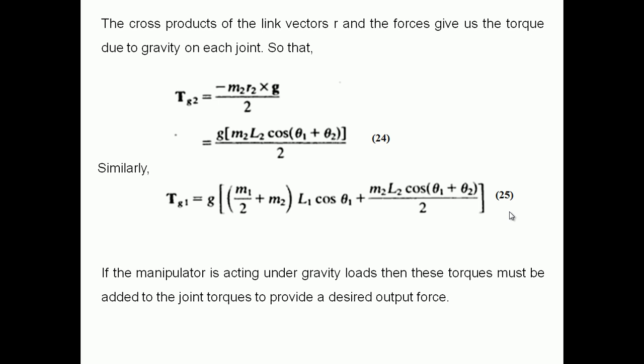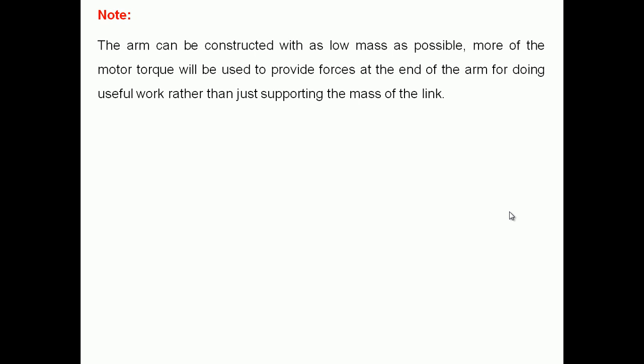So all manipulators functioning in industry should add the gravity loads. Another footnote: the arm can be constructed with as low mass as possible. More of the motor torque will then be used to provide forces at the end of the arm for doing useful work rather than just supporting the mass of the links.